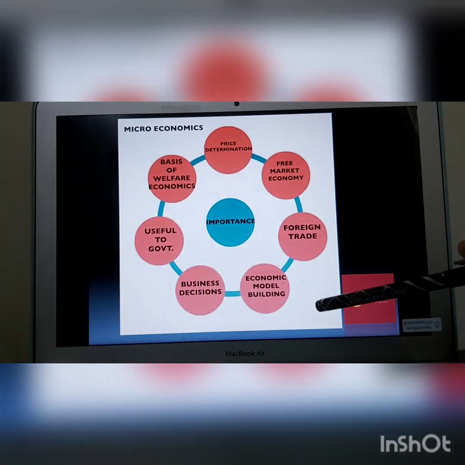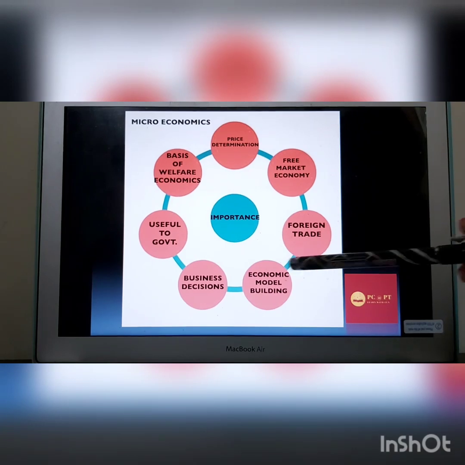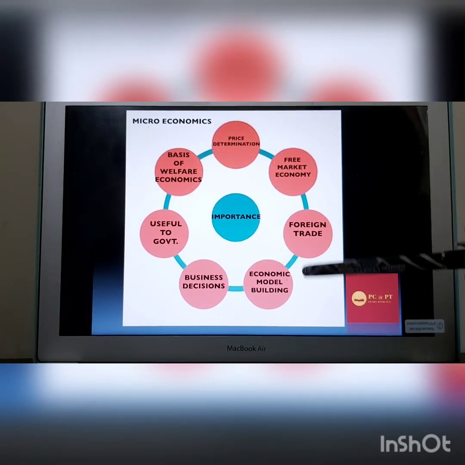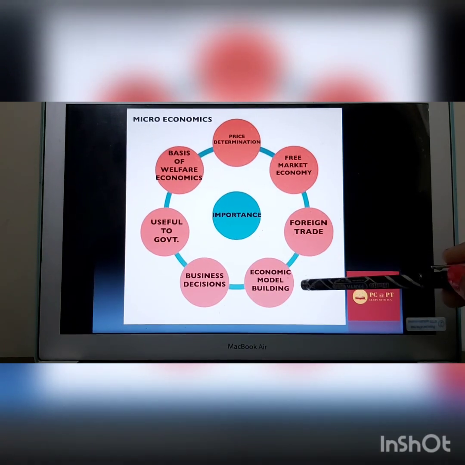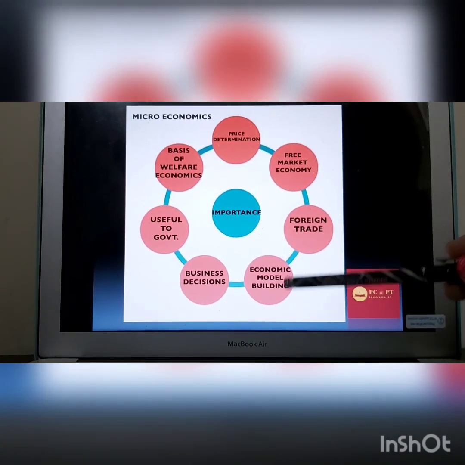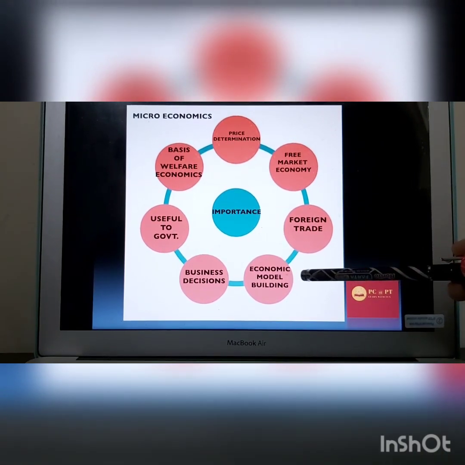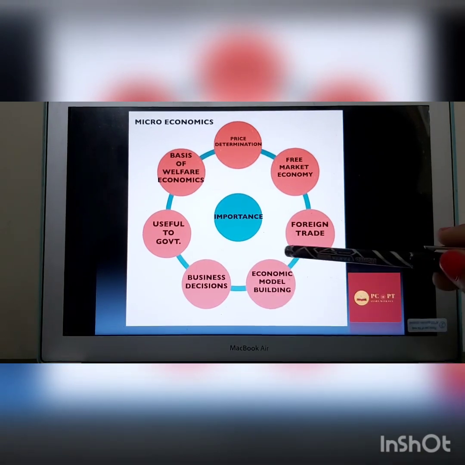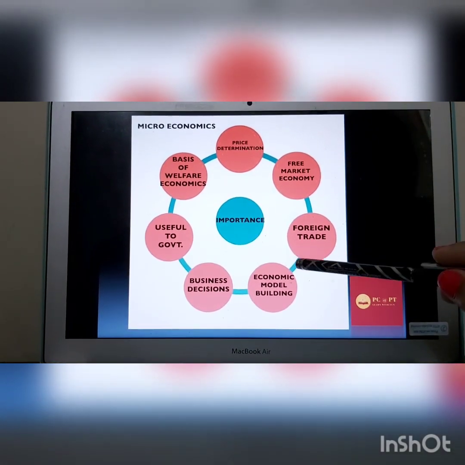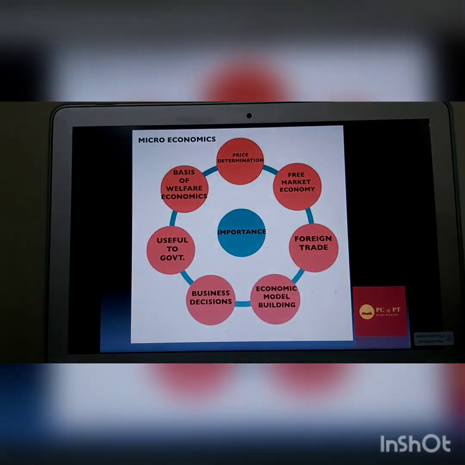So you make limited arrangements over there and give a virtual image of what is rainwater harvesting. Similarly, is the case of economic model building. When your particular economy has lots of problems, like in India unemployment is there, along with that you have poverty. So these eradication plans are called economic models, and those models are covered in microeconomics.